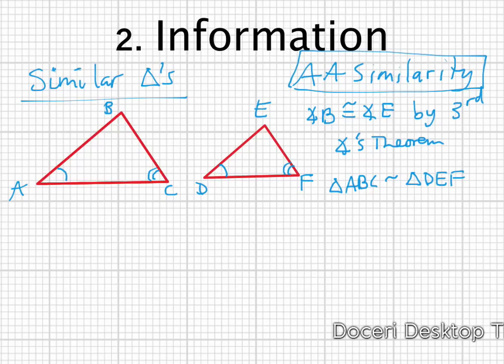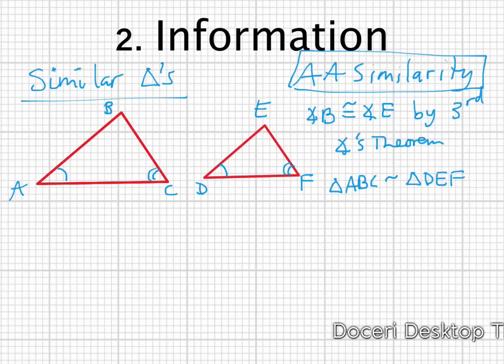Okay? So you're probably thinking to yourself, are there any other shortcuts that I can use for triangles? Now remember, AA similarity only works for triangles. It doesn't work for anything other than triangles. Okay? But you remember back to congruent triangles, we had side, side, side, side, angle, side, angle, side, angle, and angle, angle, side.